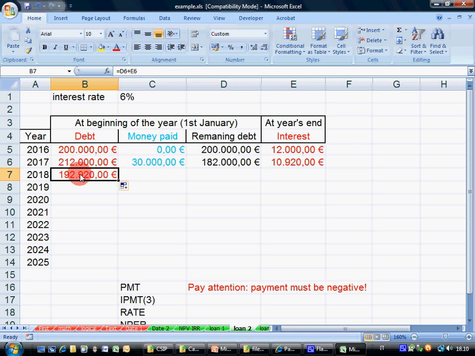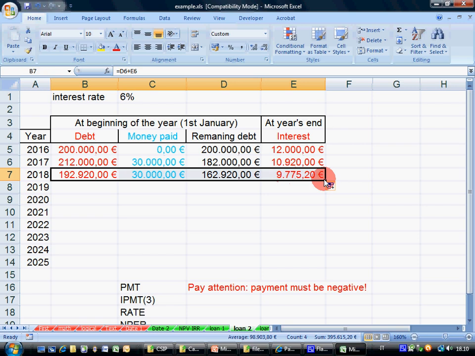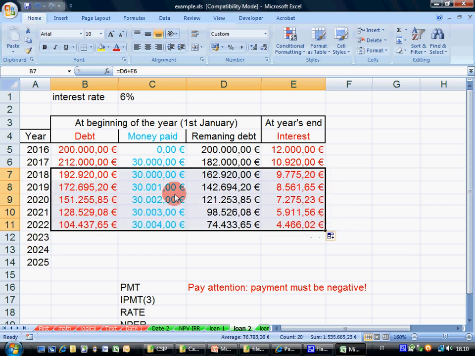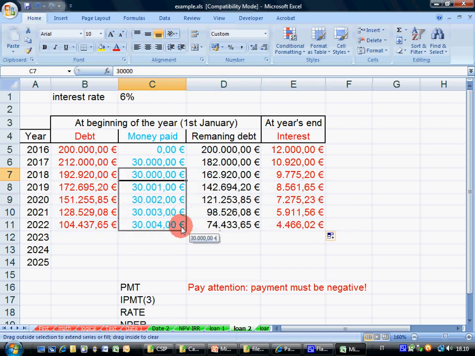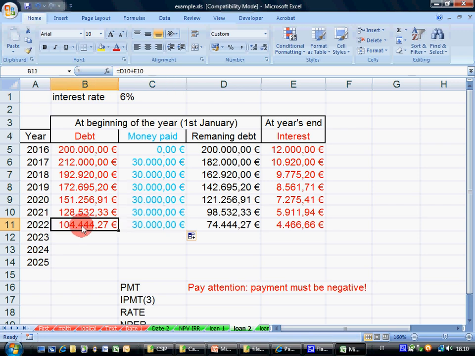This is your debt. You pay always the same. So we suppose therefore constant payment. So constant payment and constant interest rate. Your remaining debt. Your interest at the year's end. Let's drag it down all together. Oops, there is a mistake here.